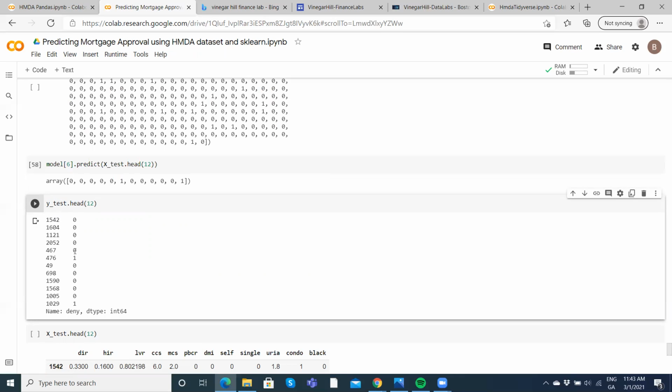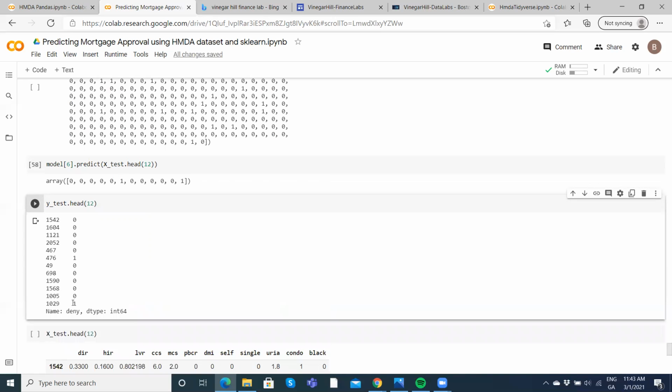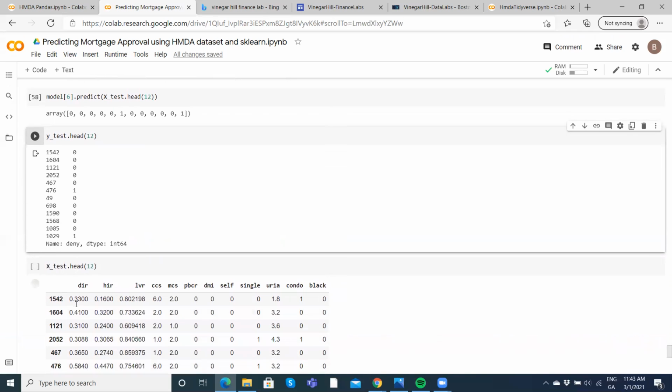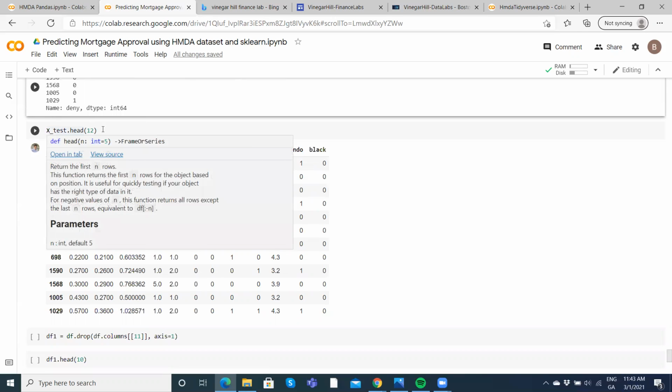And you can see the 6th applicant here, they were denied mortgage. And the 12th applicant, sorry, they were denied mortgage also, right? And we can look at their statistics in terms of the predictor variables in the testing data set.